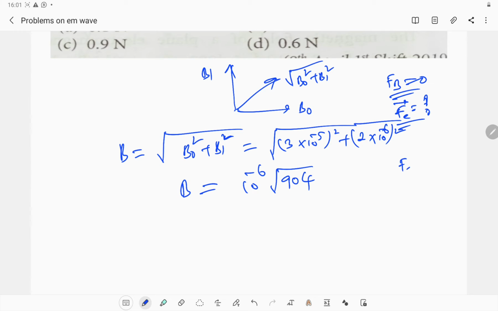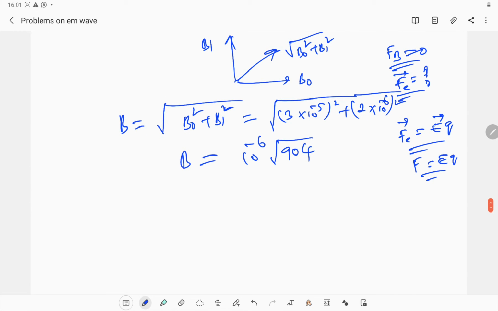Here, force due to electric field becomes E bar dot Q. Therefore, in magnitude F is equal to EQ. First, we have to find out E. E is equal to C into B. C is 3 into 10 to the power of 8, B is 10 to the power of minus 6 into square root of 904.